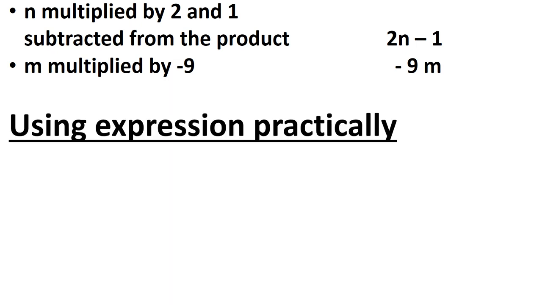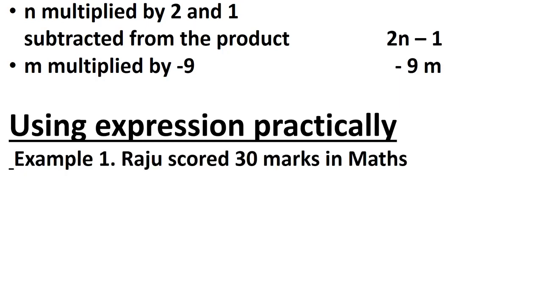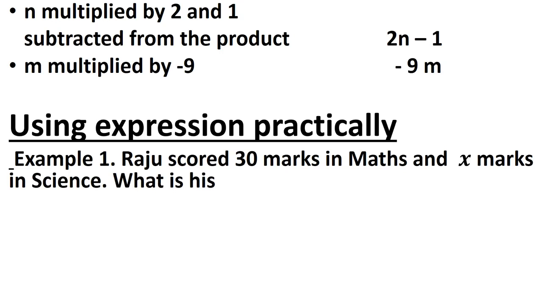Now see, using expressions practically. How do we use these expressions practically? See now. First example. Raju scored 30 marks in maths and x marks in science. What is his total score? How many marks did he score in maths? 30. In science, x.